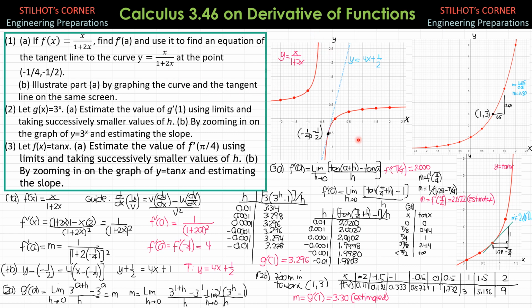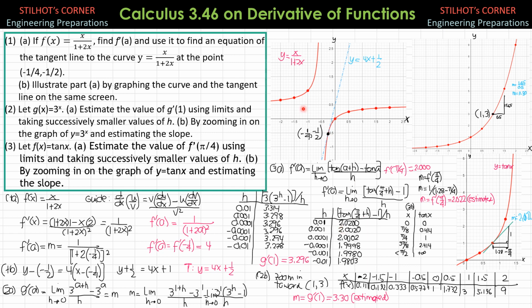Then when x is negative 0.499999, substituting and evaluating this ratio, that's negative infinity. So it is approaching negative infinity, and this is the vertical asymptote.